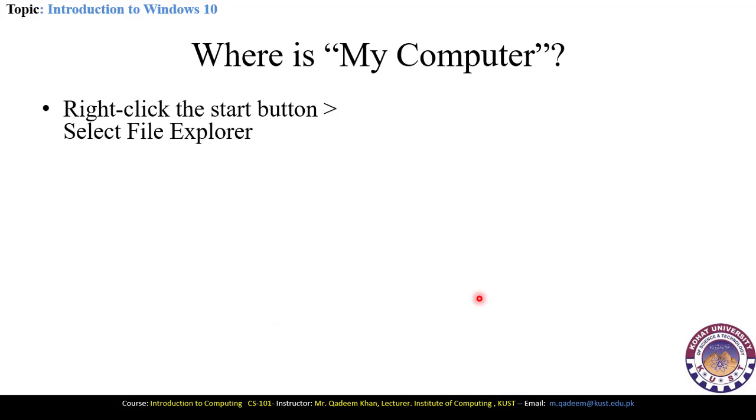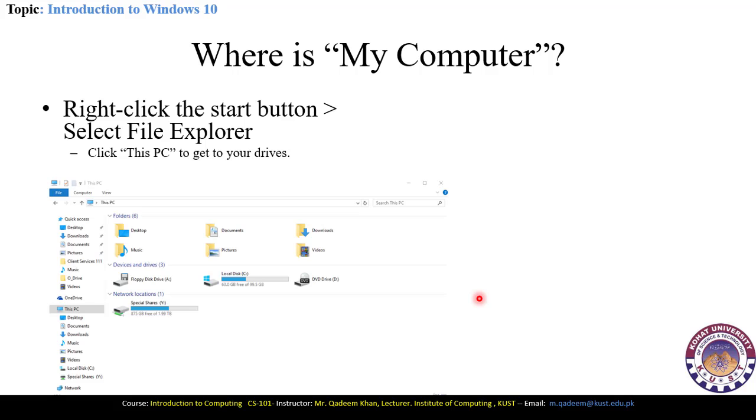Where is my computer in Windows 10? Just right click on the Start button and select File Explorer. When you right click on the Start button and select File Explorer, you will see My Computer here. Click this PC, and all the folders and the different directories will appear here.